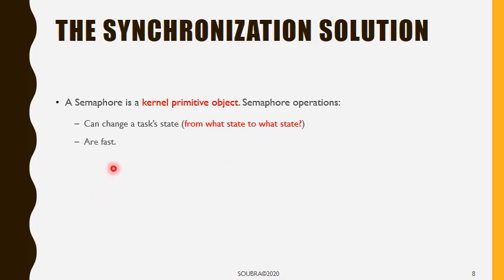All right. Another important thing is that it's a primitive object provided by the kernel, and the engineers who worked on it made sure that it is fast, in the sense that it doesn't take a lot of overhead to deal with the semaphore. Why would that be important, and why would I mention it in my lecture slide here? You should never forget that we're in the context of real-time embedded systems, and time is extremely crucial, right?